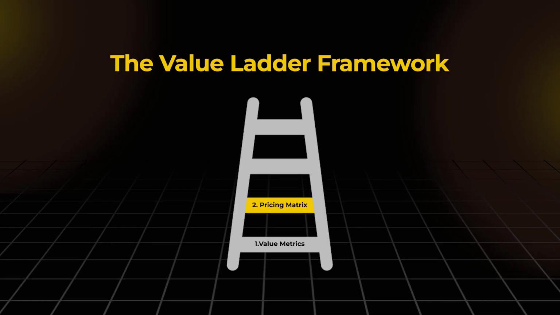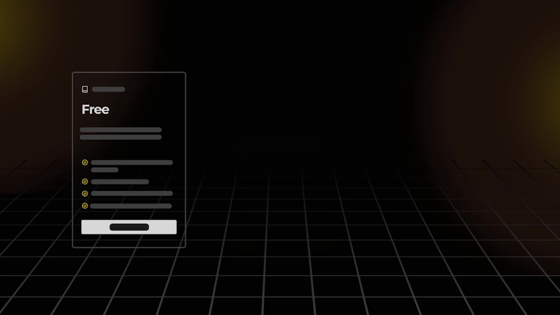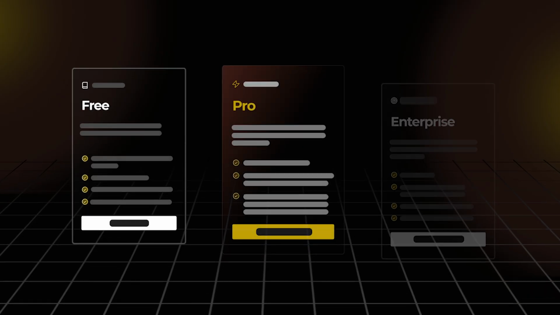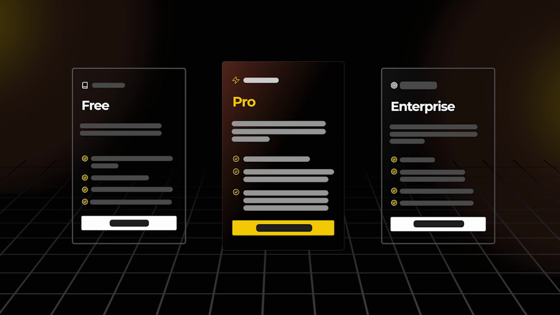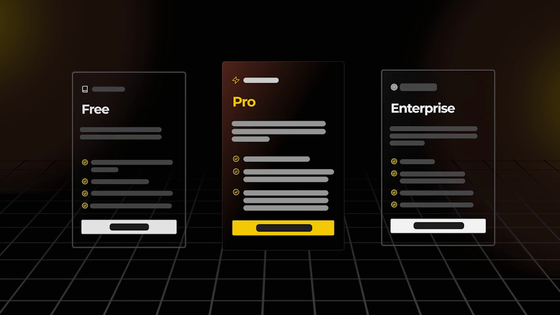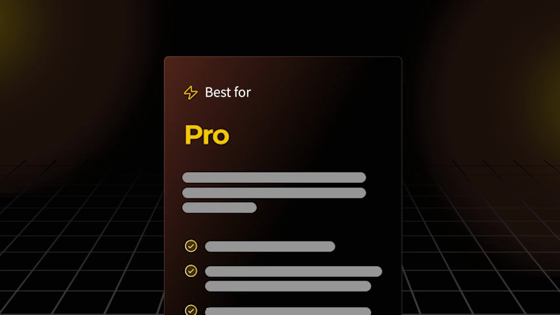The second thing is your pricing matrix. Now, this is how you structure your tiers. So typically, most product-led companies have 3 plans. There's your free one, there's your pro edition, and maybe there's something like enterprise or your growth plan. And it should have a clear positioning one-liner that says, hey, this is best for people like this.